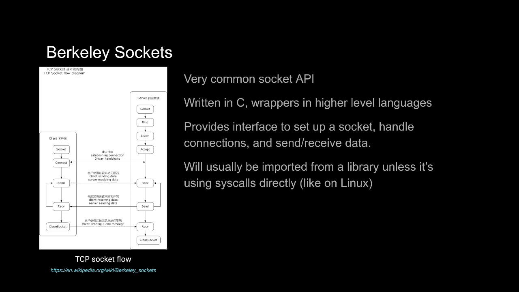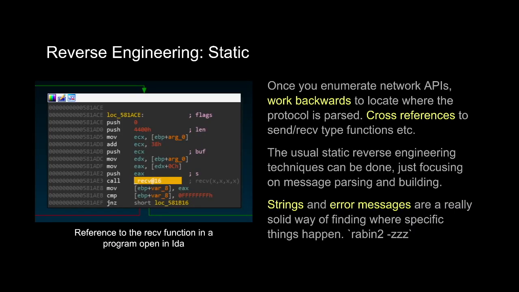But you can find where these things are used based on what you know about the APIs, right? If you're doing static reverse engineering, once you figure out which network APIs are being used, you can work backwards to figure out where the protocol is actually parsed.